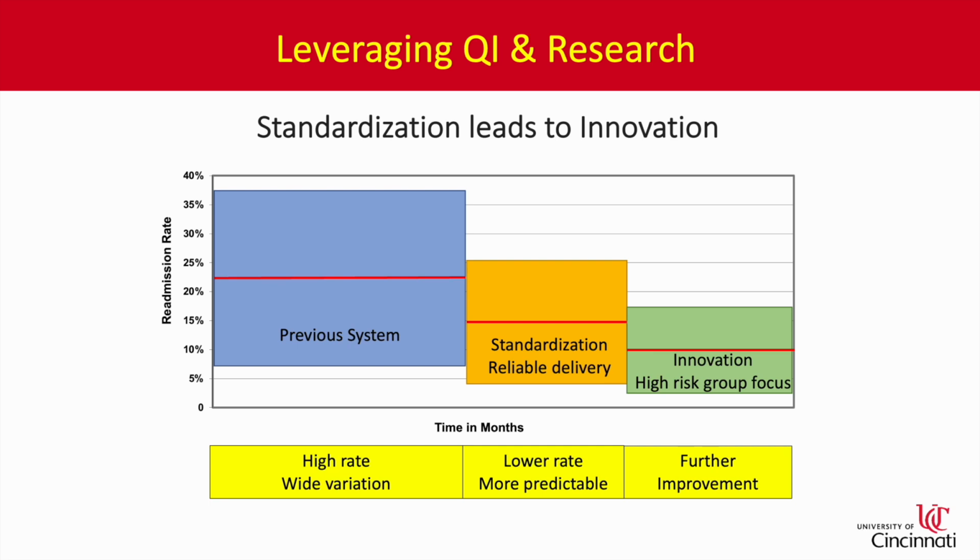So this way, our improvement work had optimized the system enough that it was now ripe to do more research to optimize the outcomes further. And this is very true for any work in our clinical space, that we have a system that has wide variation and is uncontrolled. We improve it through standardization and by reliable care delivery and improve the outcomes.